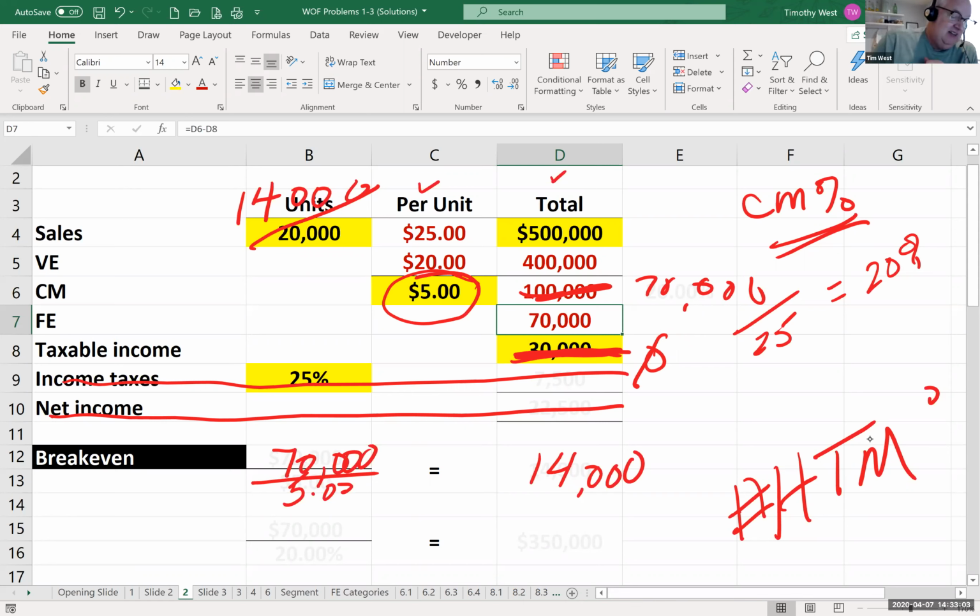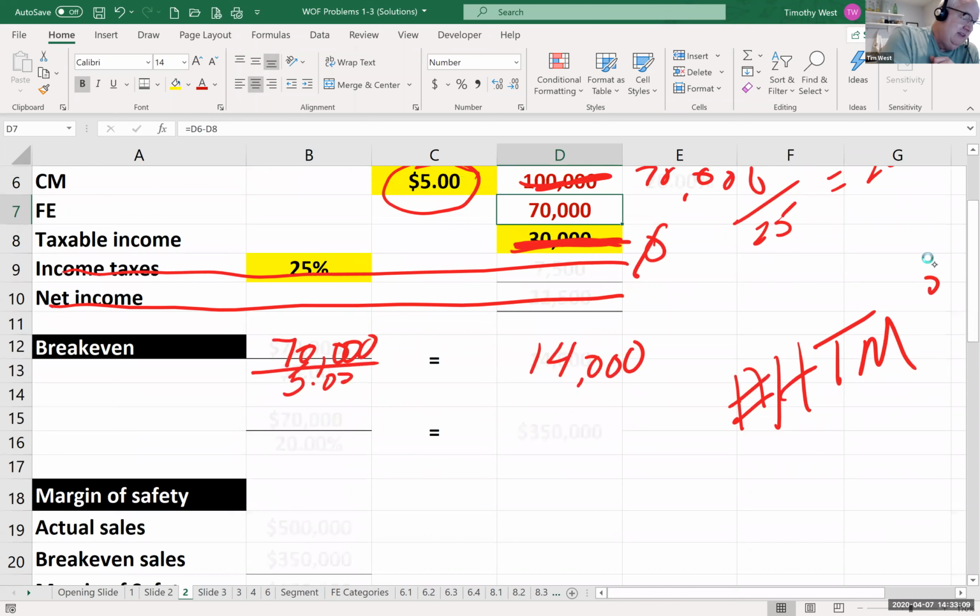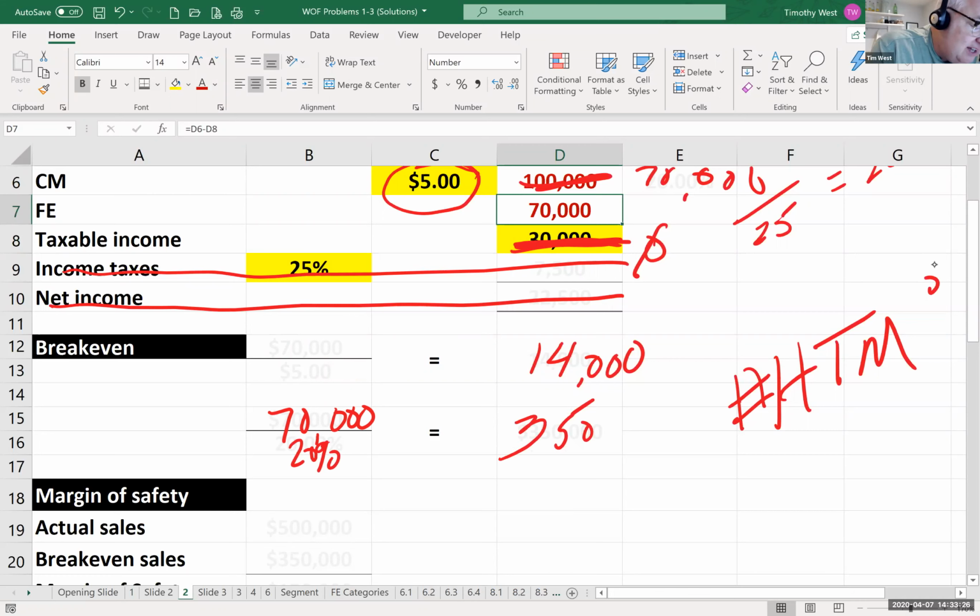Okay. Now, the other way to go is we could say, I still have the 70, but we can also do this with contribution margin percentage, right? So I've got a 20% margin, and so this comes in at $350,000.